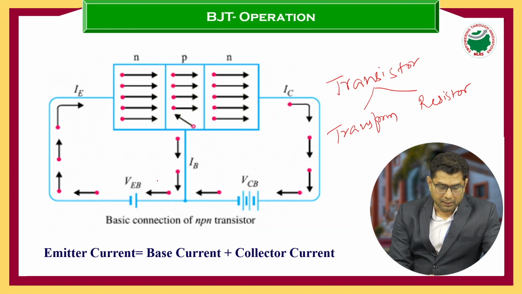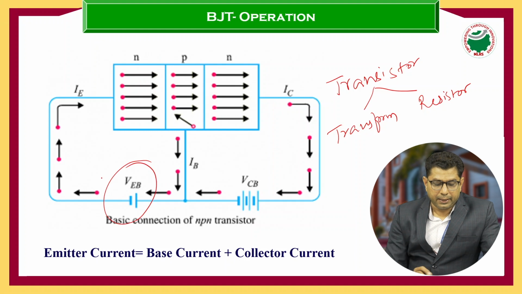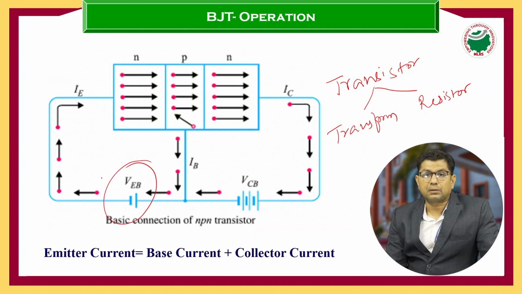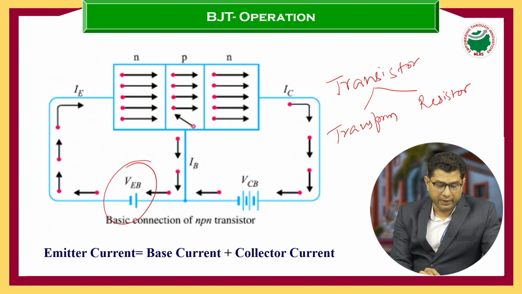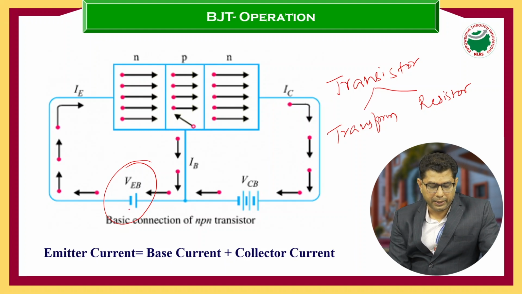In the NPN transistor, junction 1, the emitter base junction, is forward biased. What is forward bias? When the N side is connected to the negative terminal of the battery and the P side is connected to the positive terminal of the battery, that is forward bias.